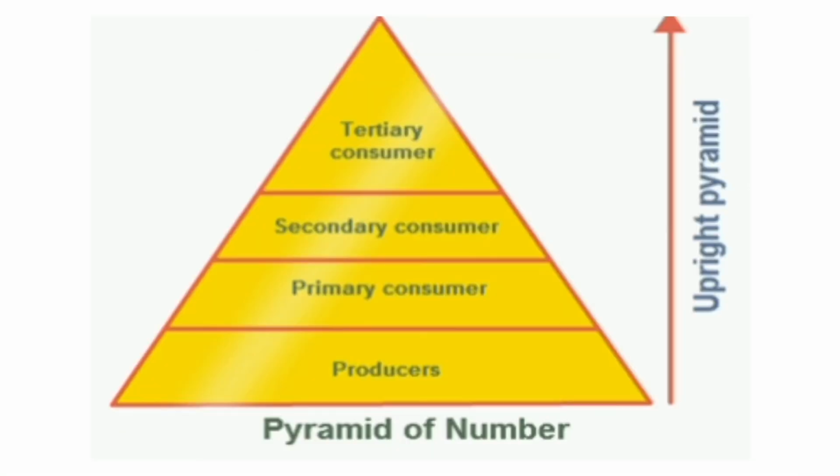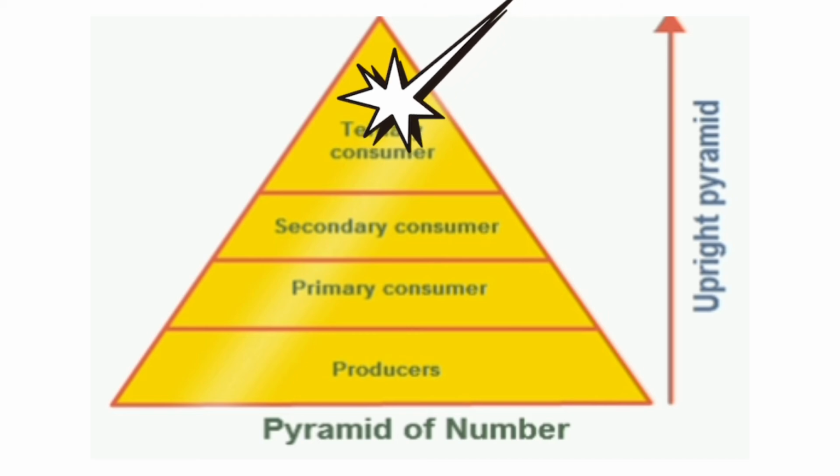The pyramid of number shows the arrangement of number of individuals of different trophic levels in a food chain in an ecosystem. Here you can see the base of the pyramid is formed by the producer, and at the top of the pyramid the highest level of consumer is there.